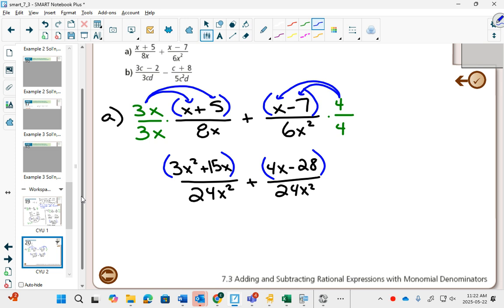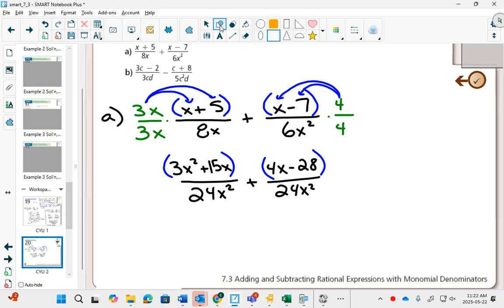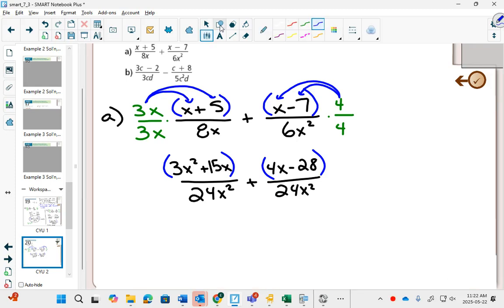Now, adding fractions, we get our common denominator, which is 24x squared. And if I add the tops, I have some like terms here. I'm going to have a 3x squared, that's all by itself, but 15x plus 4x will be plus 19x, and then I have a minus 28.